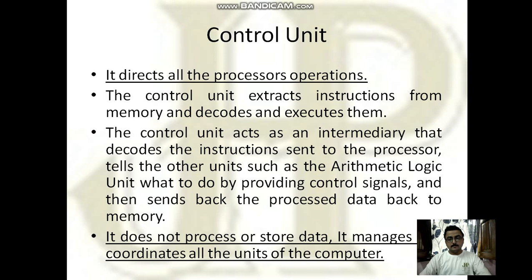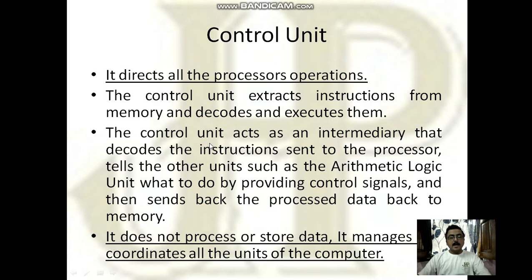Now, control unit. Control unit is the brain of the computer because it controls all other units of the computer. That's why the first point is written: it directs all the processor's operations.